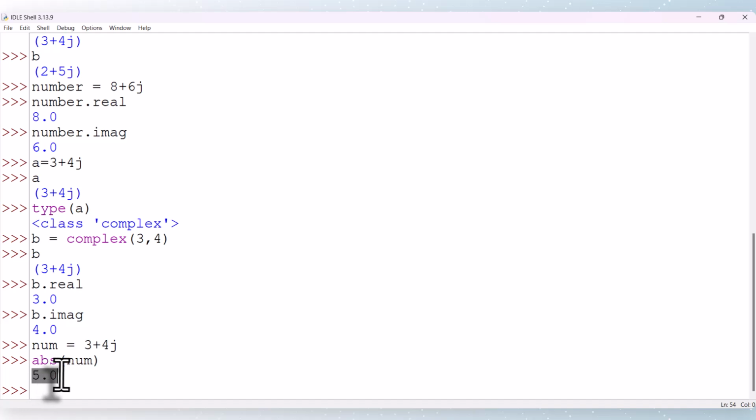So this is returning the magnitude, the distance from the origin. Okay, so what is the distance from the origin to this number? It is going to print that. Basically it is going to calculate it using the Pythagoras theorem. If you want, you can check out how we can calculate the distance based on that.